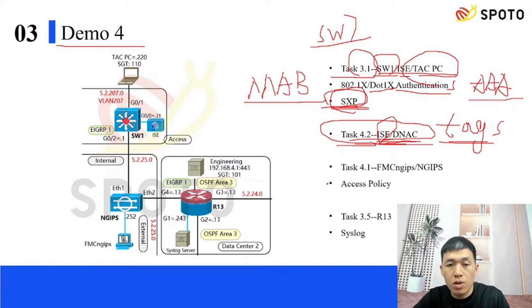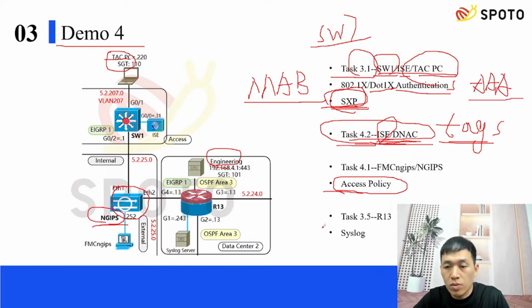Okay, and you can see finally TAC PC needs to access the engineering server, and the traffic goes through the next generation IPS. So we will need to allow the traffic by configuring an access policy on this device.